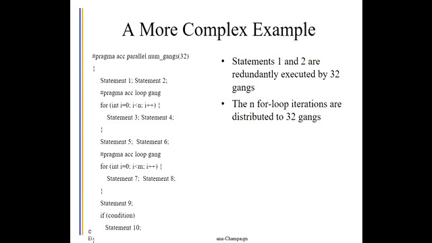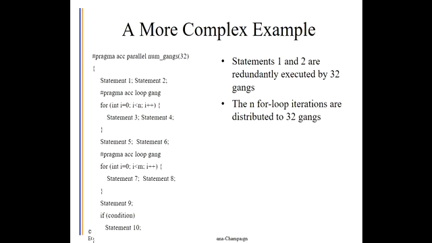Okay? So, if I ask you, how many times will statement 1 be executed? You should tell me it will be executed 32 times, okay? Once by every GAN. So it'll be executed redundantly by all the 32 GANs, right?